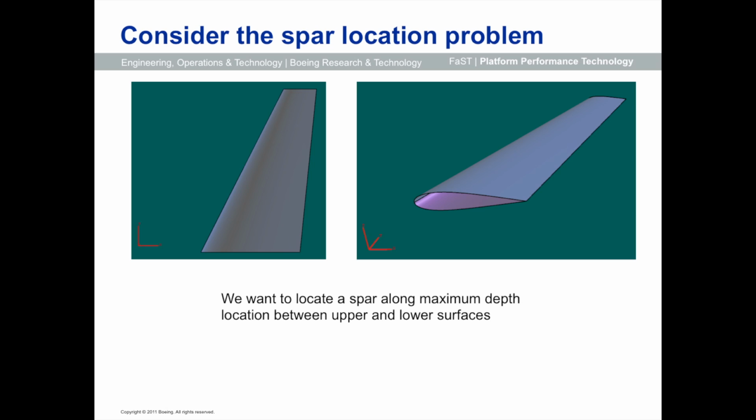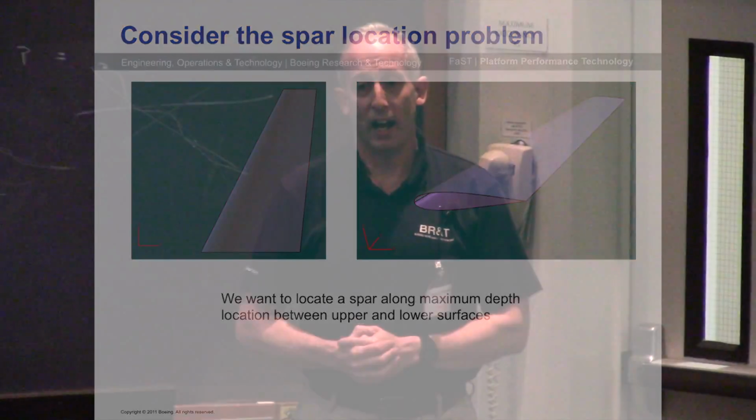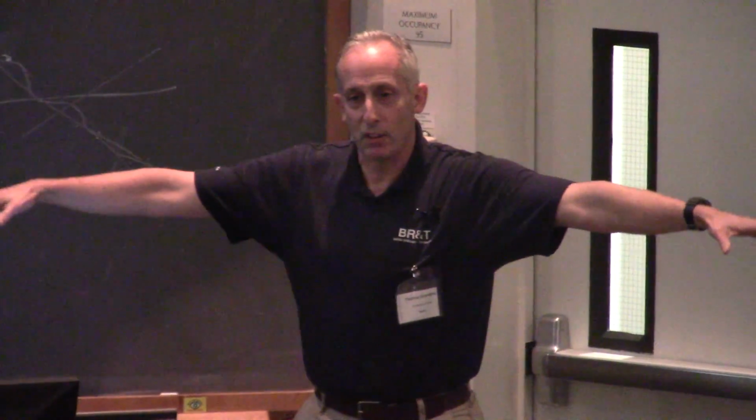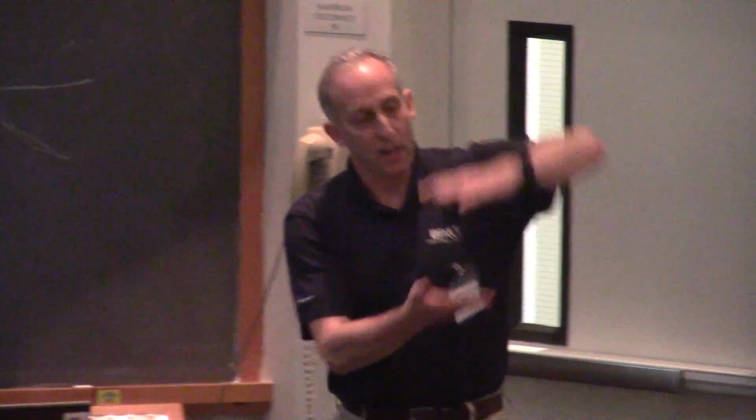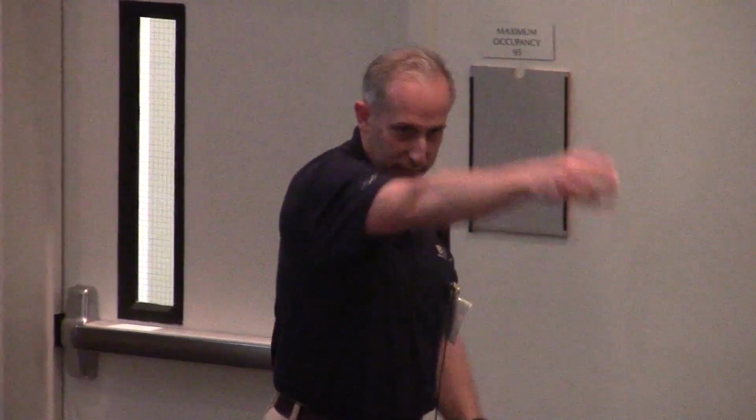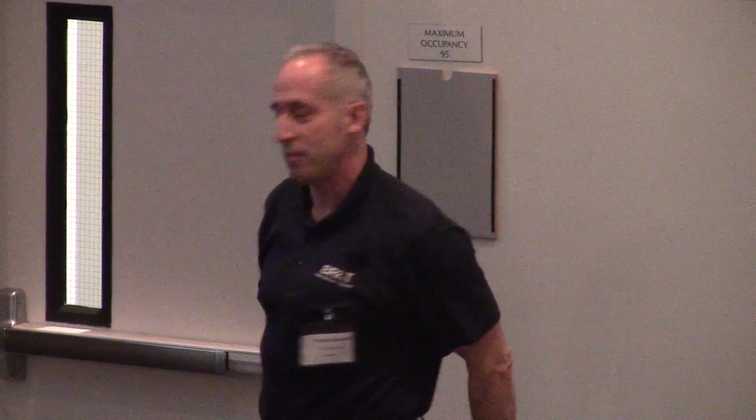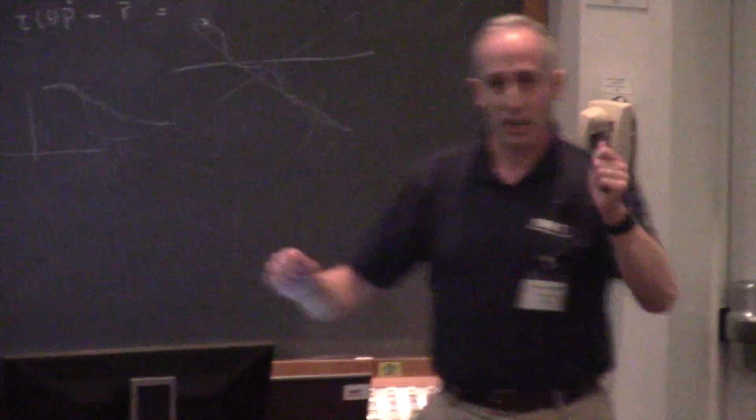The structures guys, on the other hand, need to support the wing and the fuel and all that stuff. They want these great, big, thick I-beams running down. If you could have one 3 stories tall, that would be even better.